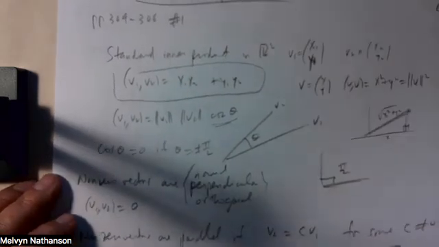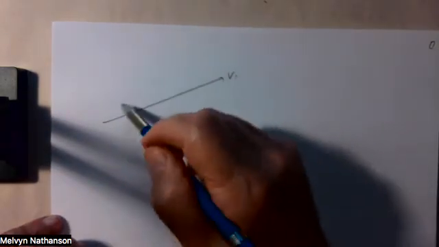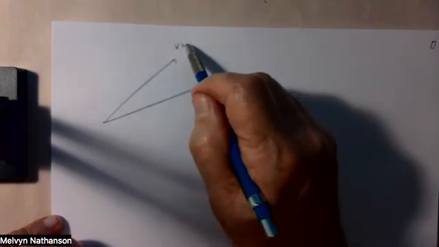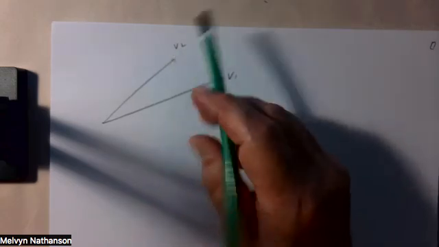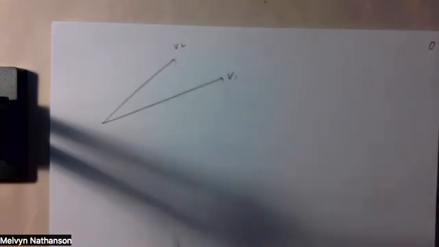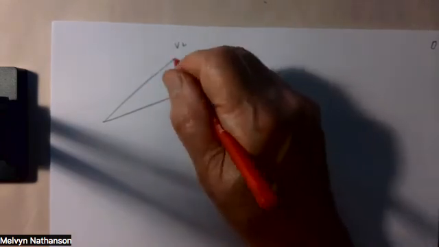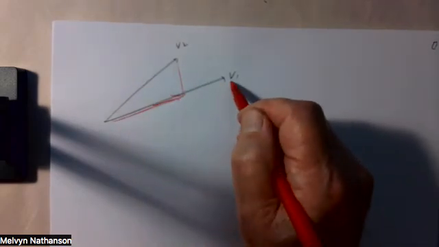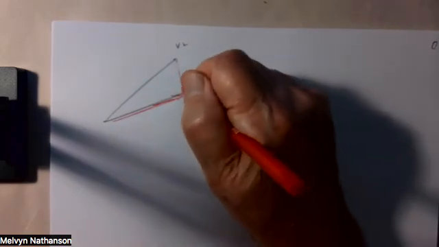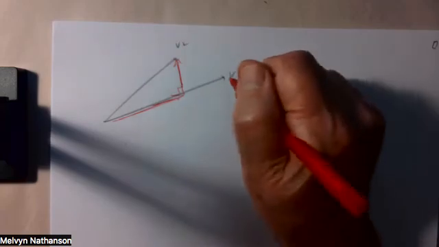And one of the things that you do in geometry, and certainly in physics, is if you have a vector v1 and another vector v2, you often want to write v2 as a sum of two vectors, one of which is parallel to v1 and the other is perpendicular to v1.